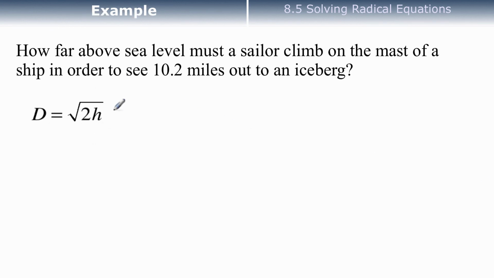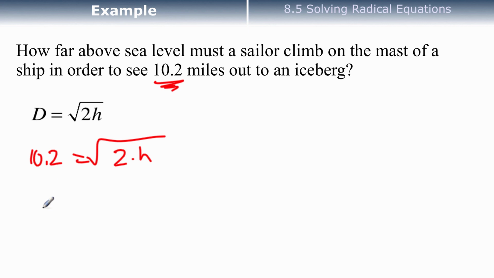Here's another one though. In this one, they ask how high up do you have to go in order to see this far out. So I put my distance here: 10.2 miles is equal to the square root of 2 times h. And I want to know what h is. It has a square root, so I'll square both sides.